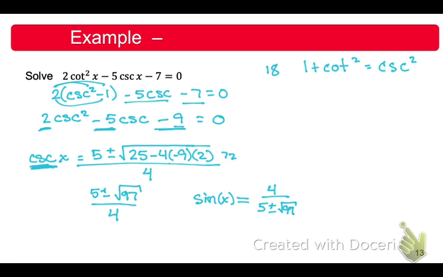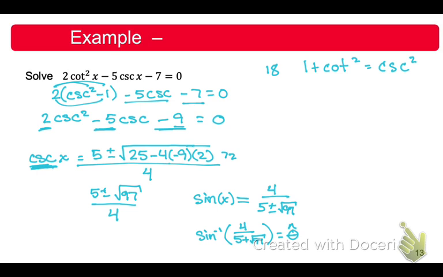So in my calculator, I'm going to put inverse sine of 4 over 5 plus the square root of 97. That is going to give me my reference angle, and then I'm going to add and subtract to get all 4 quadrants. It says error domain.